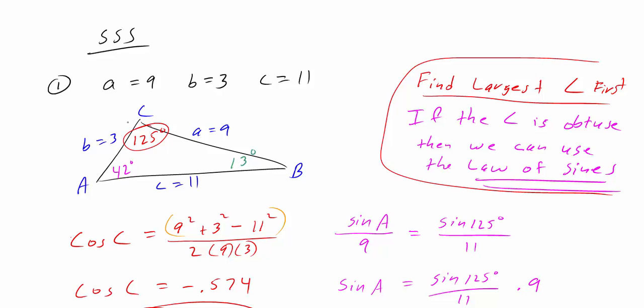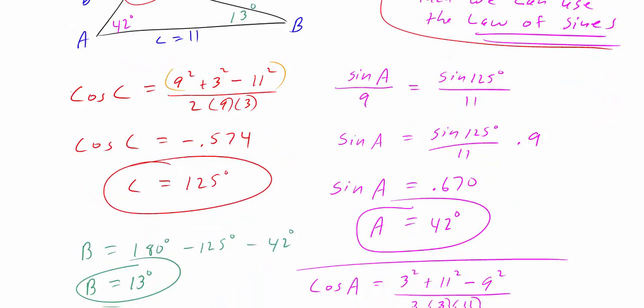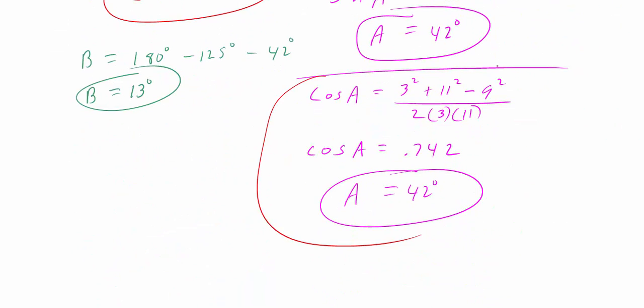Here, because we have the three given sides, we really can only have one solution, but using the law of sines, we may end up finding the wrong angle. So that's why we need an obtuse angle if we're going to continue using the law of sines. If this wasn't 125 degrees, if it was less than 90, then we would have had to go down here and use the law of cosines.